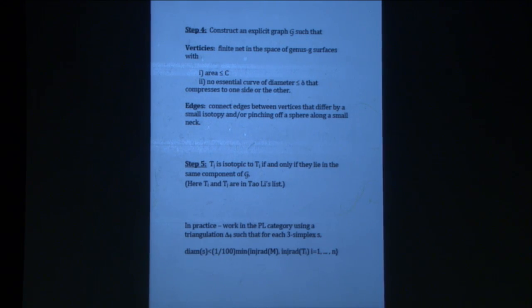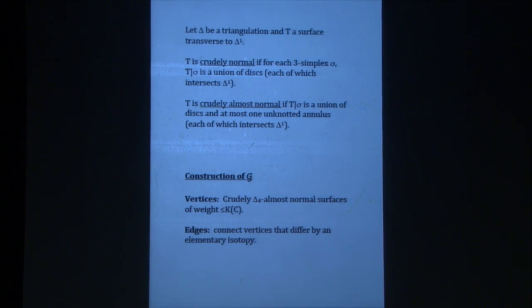So you can build a finite graph where vertices correspond to surfaces of bounded area and this bounded diameter, and two vertices are connected by an edge if they're close in some measure.